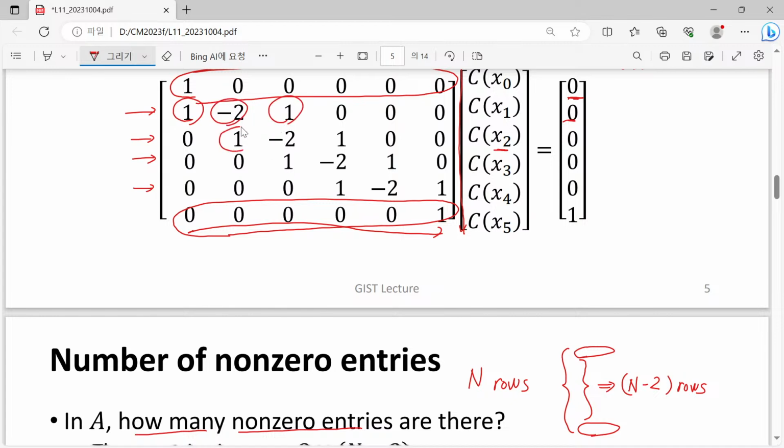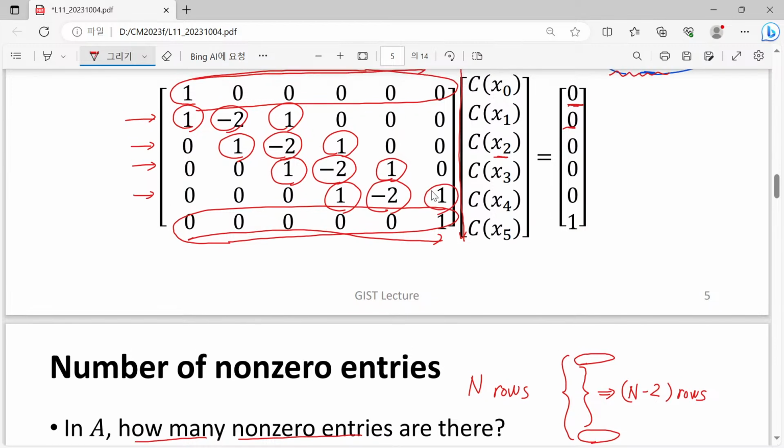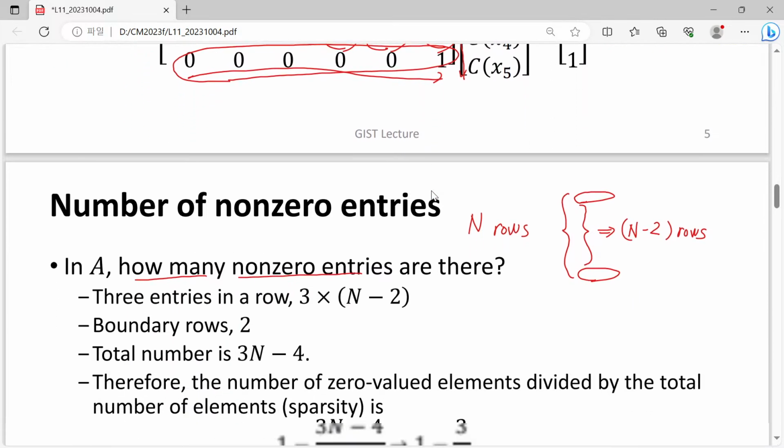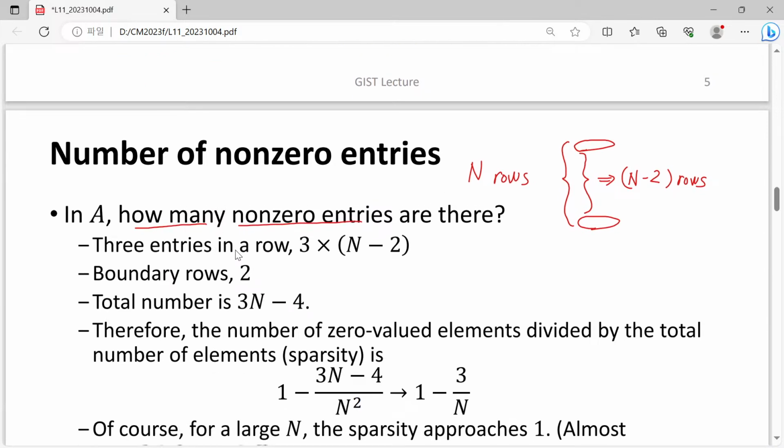For the third one, 1, 2, 3. You can easily understand that each row has only three non-zero entries. So the total number of non-zero elements for these rows is given by 3 times n minus 2.